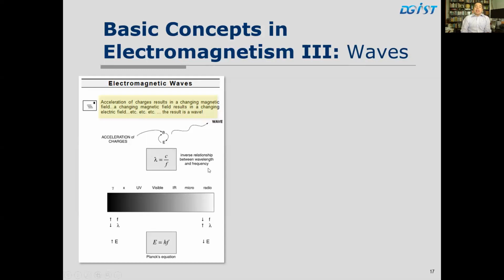And this electromagnetic wave has, like any wave, a relationship between the wavelength and the frequency. That relationship is inverse in this regard.